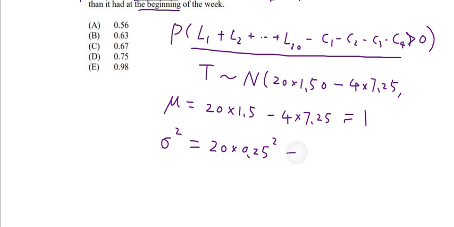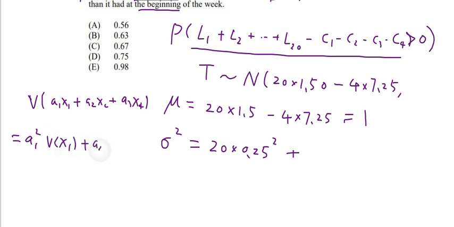So let's suppose we have the variance for a1 X1 plus a2 X2 plus a3 X3. The formula is a1 squared times the variance of X1, plus a2 squared times V(X2), plus a3 squared times V(X3).